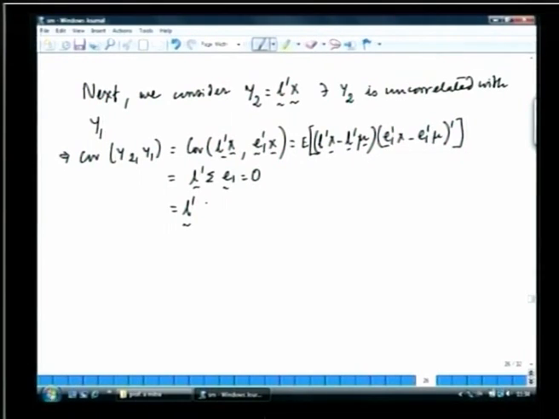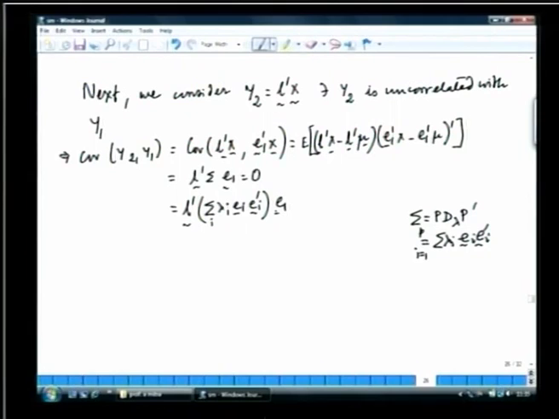So this is L prime sigma E1, and I consider another alternative form of the spectral decomposition of sigma. We know that sigma, which is P D lambda P prime, can also be written in summation form, with the scalars lambda I and the vectors coming into the picture. It is not the P's but the E's, so this is the summation of lambda I ei ei prime, I from 1 to p, and then you have E1.